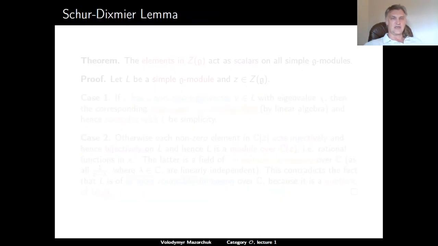Before we go to the discussion of the third condition, local U(n plus) finiteness, we make two detours. First, let's talk about the Schur-Dixmier Lemma. Each element of the center of the universal enveloping algebra acts as a scalar on any simple g-module.